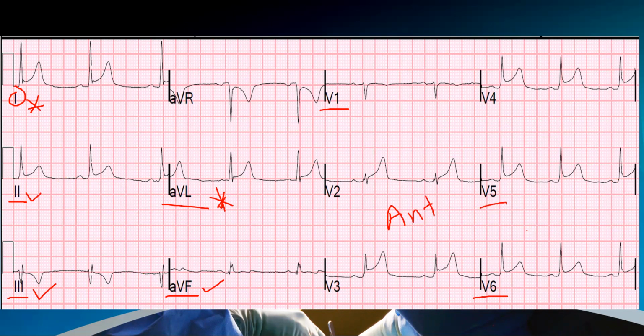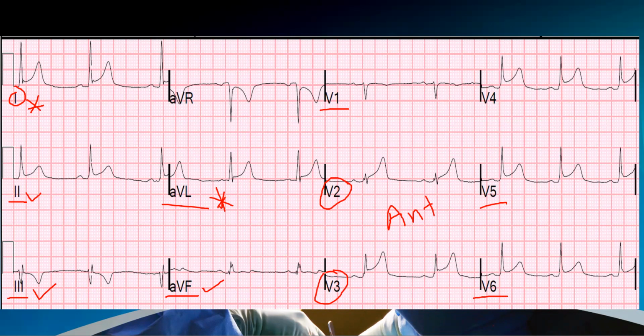Among the anterior, V5, V6 are anterolateral leads. And also V2, V3, mainly these are septal leads. Not very important to know that, but sometimes it will help you to get the diagnosis.